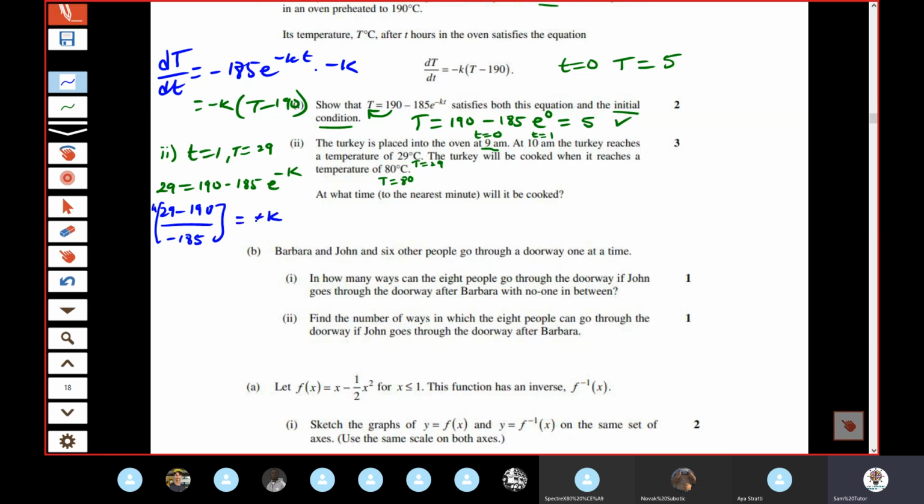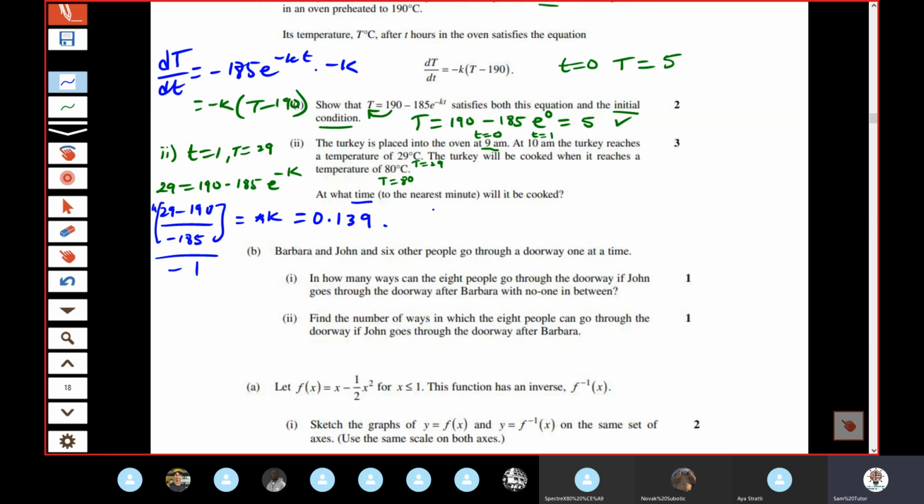You'll have negative k, and then you'll divide by negative 1. I actually do it like that because I believe you guys need to be at that level. So to solve for k: subtract, divide by negative, log it, divide by negative 1. If we plug this into our calculator, 29 take away 190, divide by negative 185, log answer, divide by negative 1, k equals 0.139. I'm going to store that on my calculator.